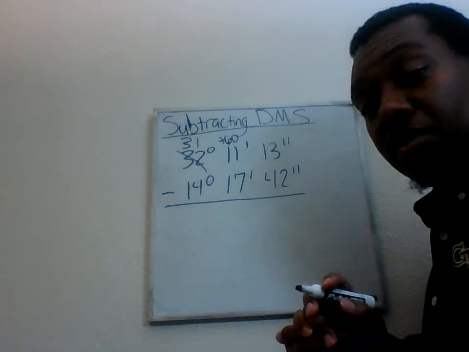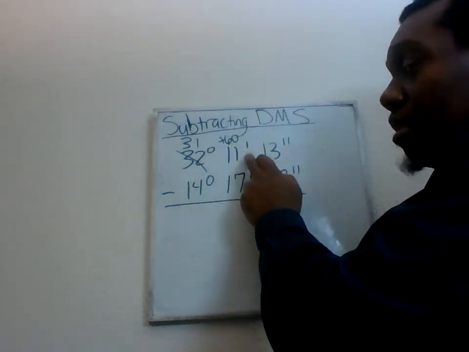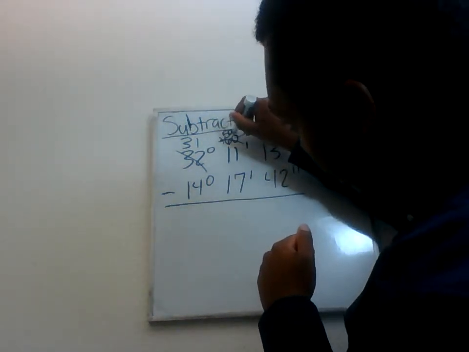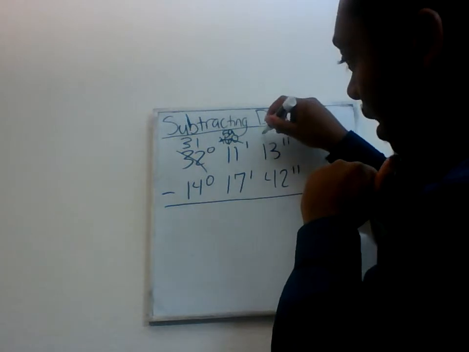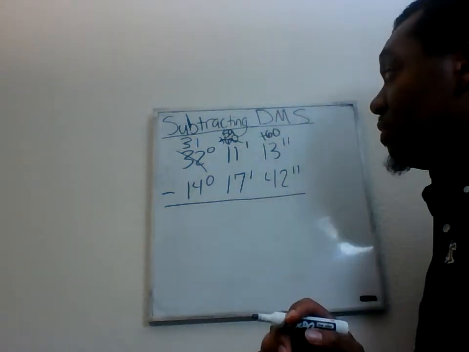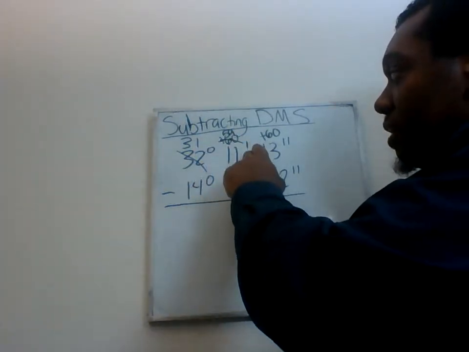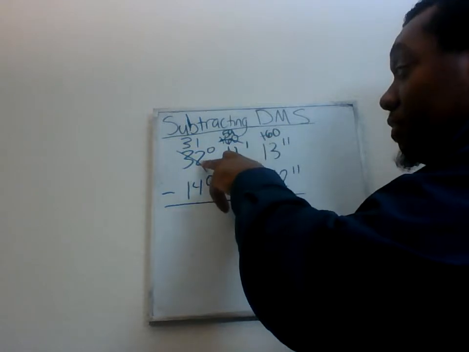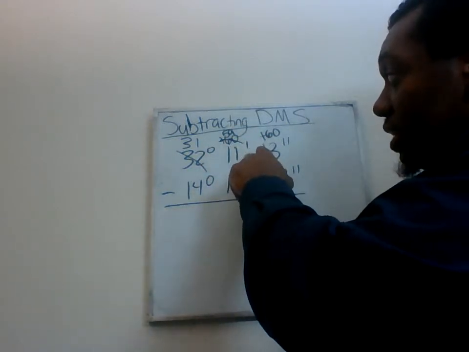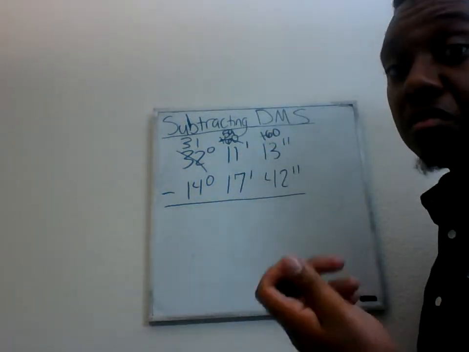And the reason I'm doing that is because I know, hey, not only do I need to borrow from the degrees, I have to borrow from the minutes. So I'm going to go ahead and change that to a 59, and I'm going to add 60 to my seconds here. So really what I have is 31 degrees, 70 minutes and 73 seconds.